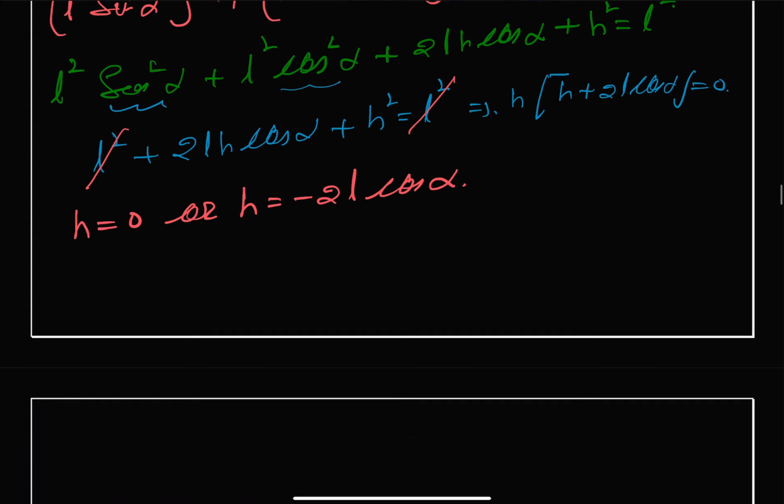And if h is equal to 0, we get that our B coordinate will be equal to 0, 0, 0, which basically means that these are the same coordinates as that of our A, or we can say A and B are going to overlap, which actually is contradicting.